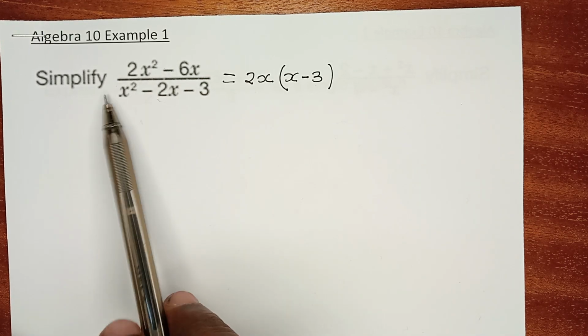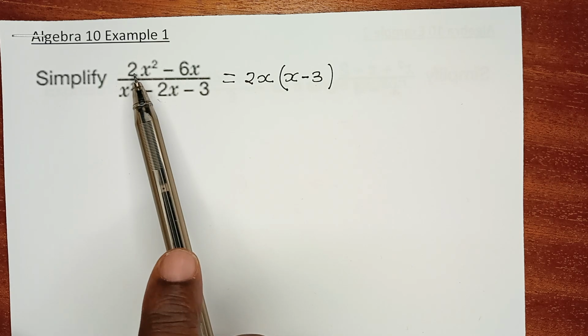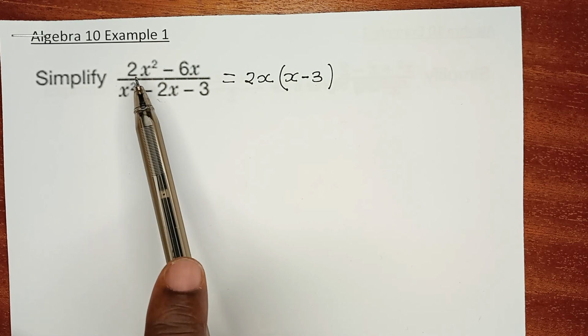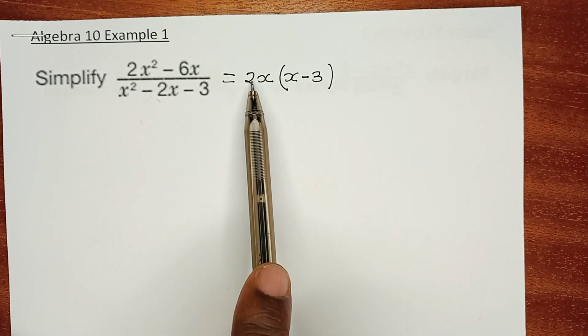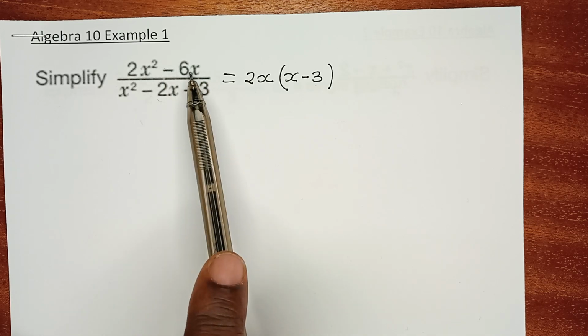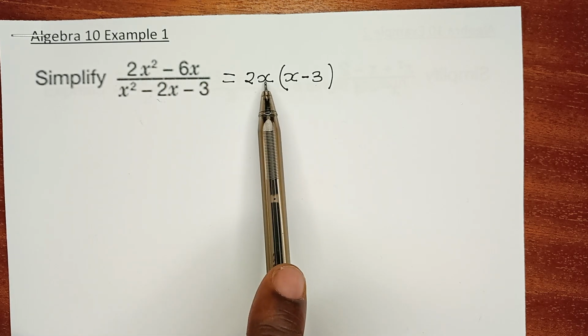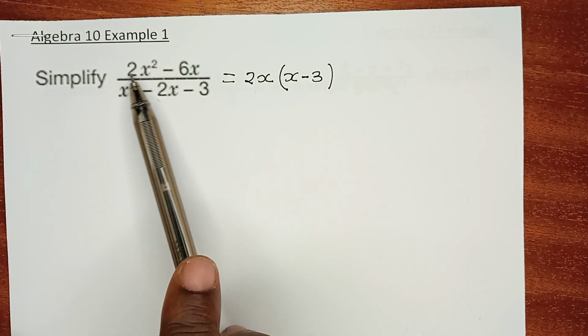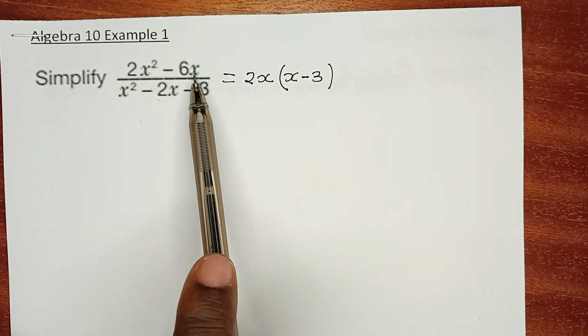If you look at the numerator, on the constant side we have 2, which is common. We have x squared here and x here, that means x is common. So 2x now happens to be outside the bracket because it is the common factor between the upper two terms, 2x squared minus 6x.